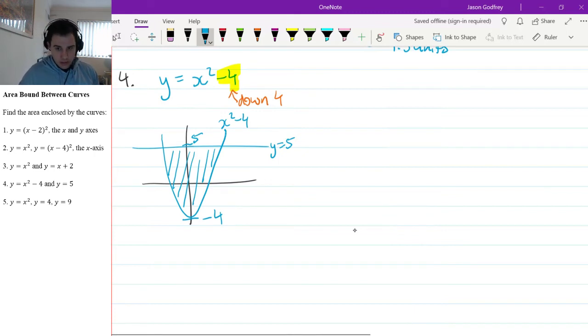So, how are we going to find this? Well, there's a few ways that you could do this. One is that you could find the area. First of all, we could find these x-intercepts here, which will be when does x squared minus 4 equal 0?